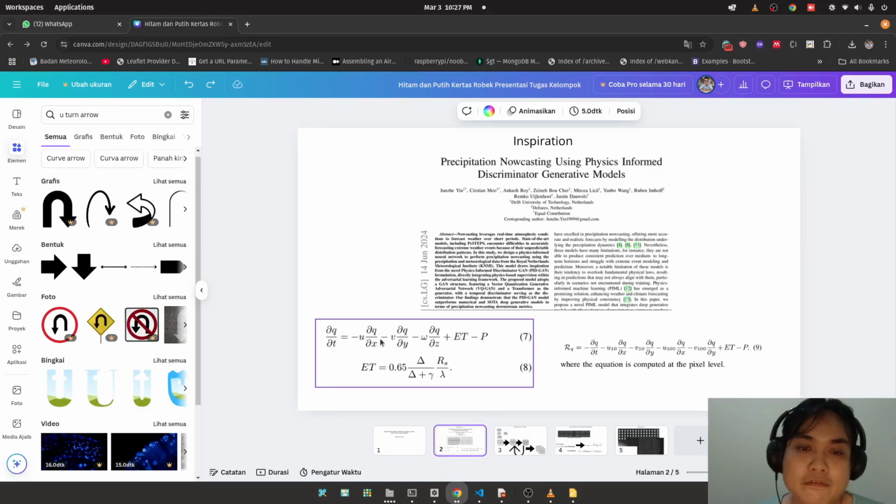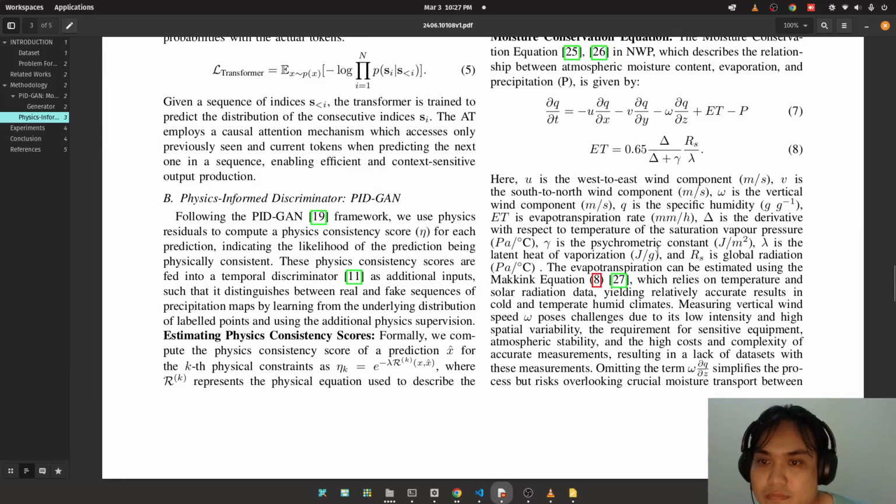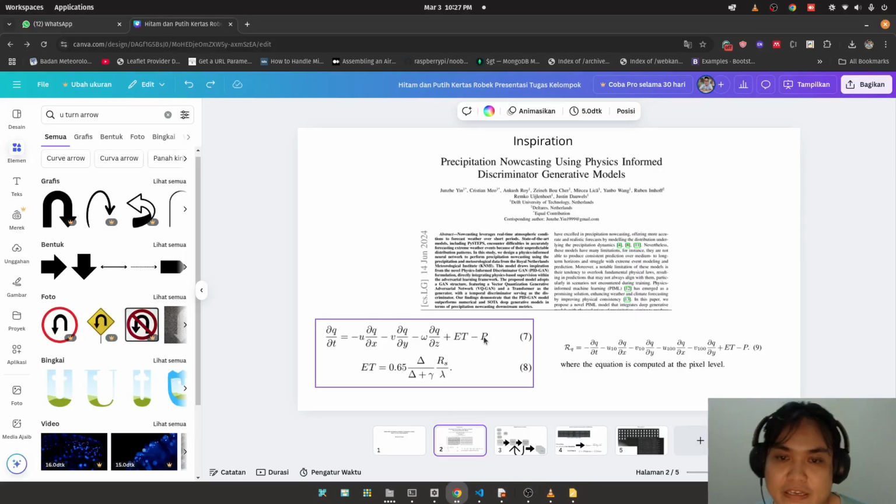So there is moisture transport in the spatial, horizontal and vertical directions, here omega, and horizontal u and v, and ET in here is evapotranspiration, if I'm not wrong. Yeah, evapotranspiration, and P in here is precipitation.